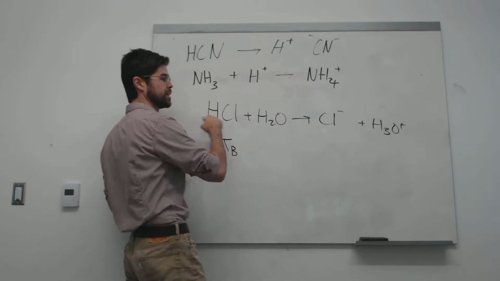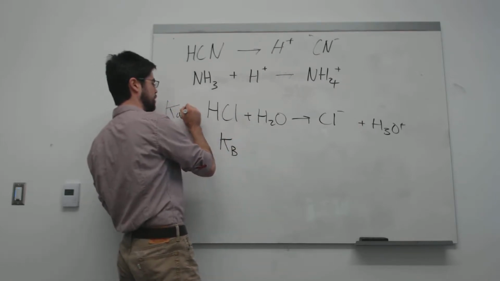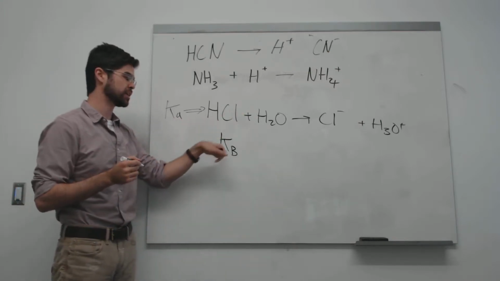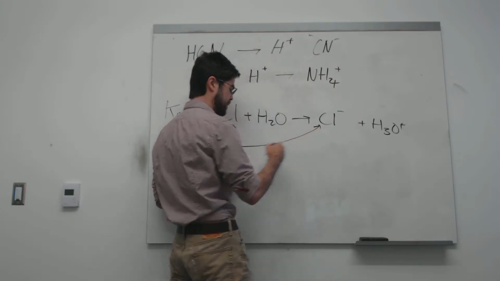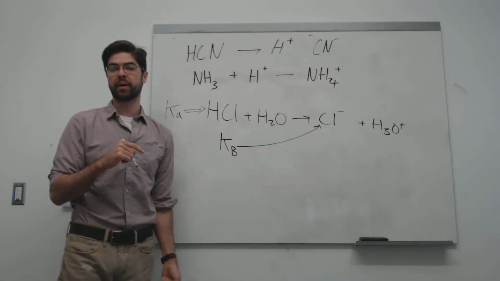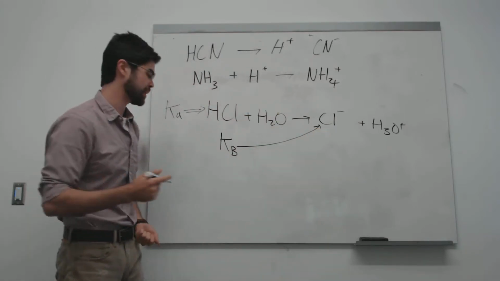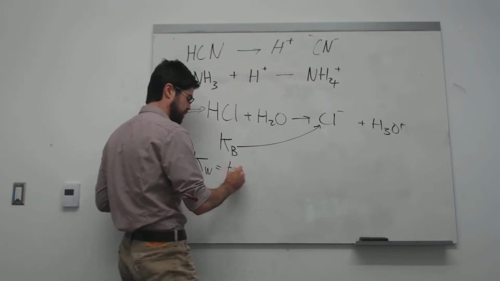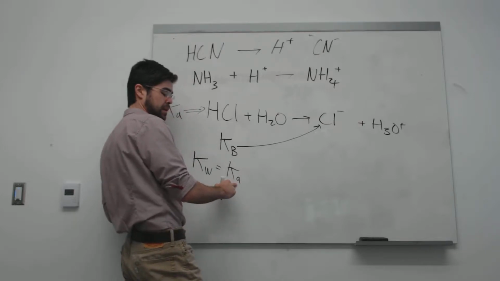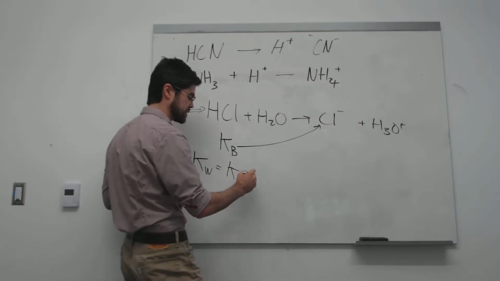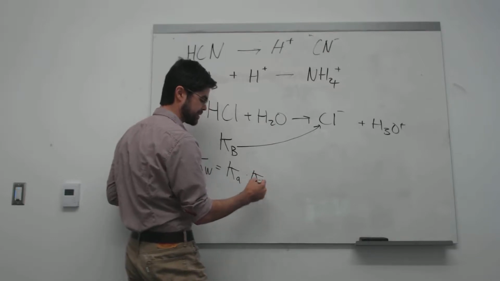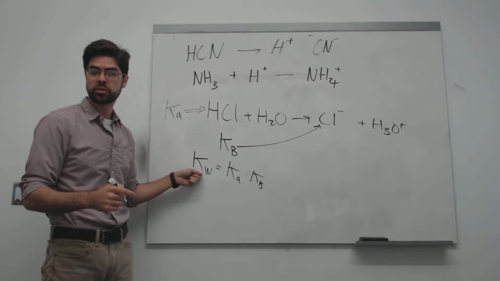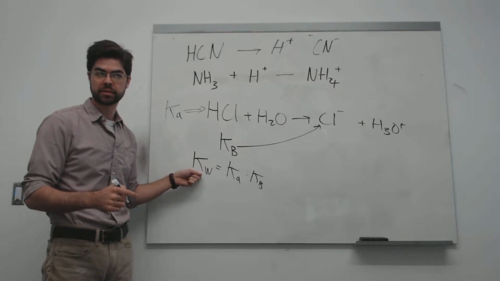So let's say I can write a Ka for HCl, for this reaction, and I can also ascribe a Kb for Cl- for HCl's conjugate base. And I can generally say that the product of an acid's acid dissociation constant and its conjugate base's base dissociation constant should be related to the autoionization constant.